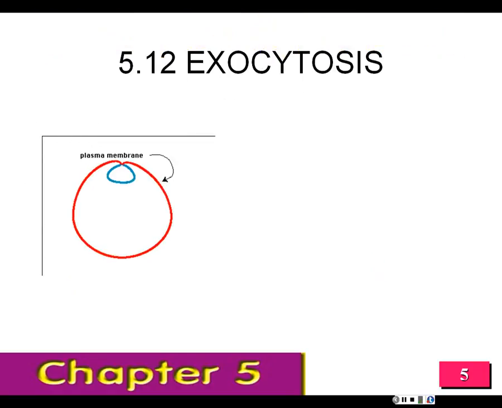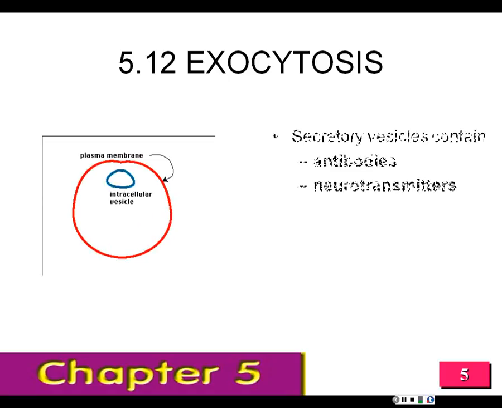All right, and then this is just showing you more, the intracellular vesicle going out, fusing with the membrane, and now that blue part, which was the vesicle, is showing you that the membrane volume should be increasing because that becomes a part of that membrane. Well, what do we use this for?